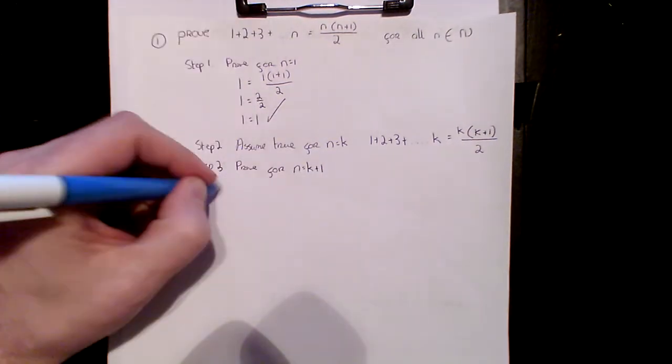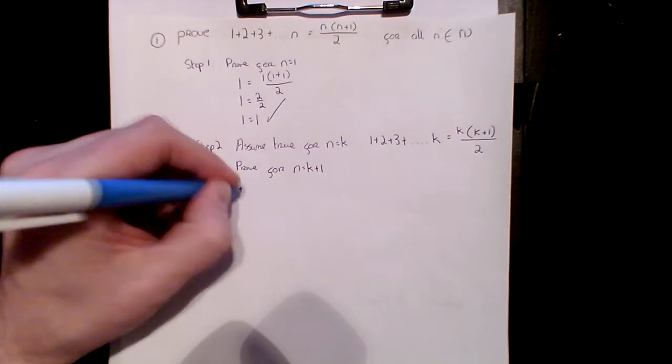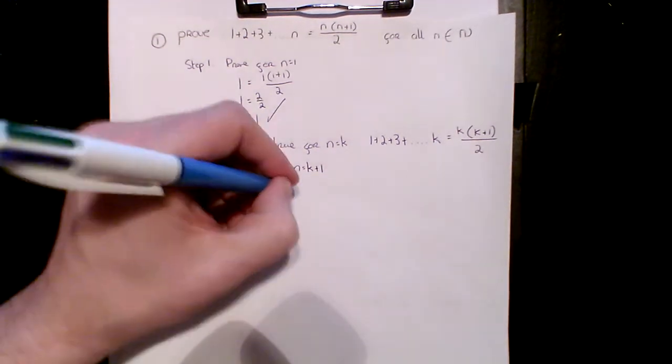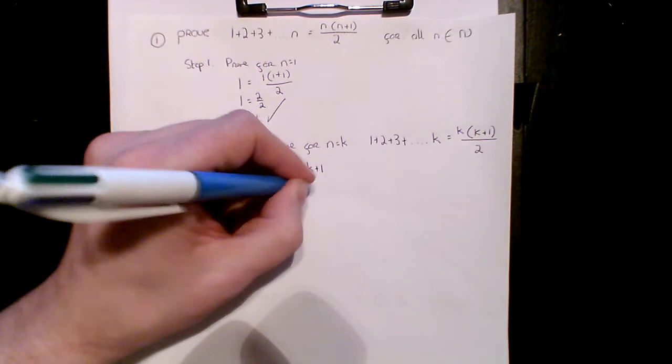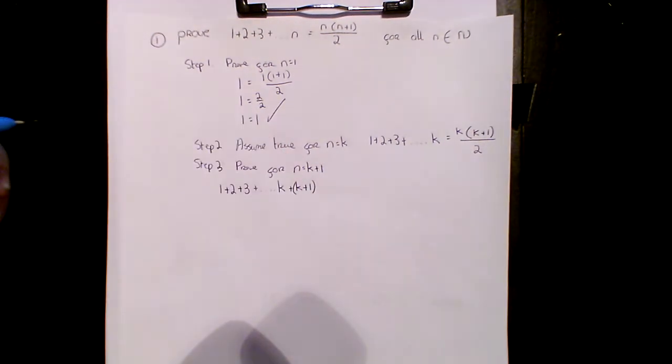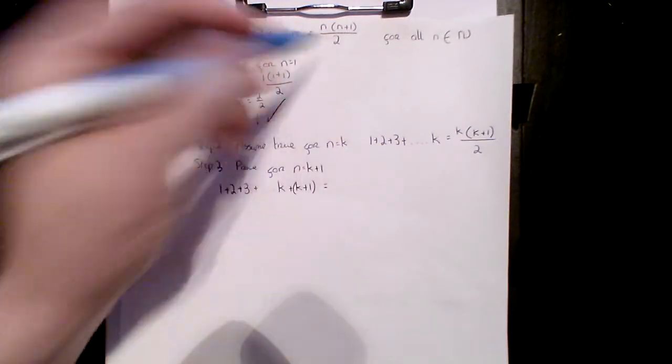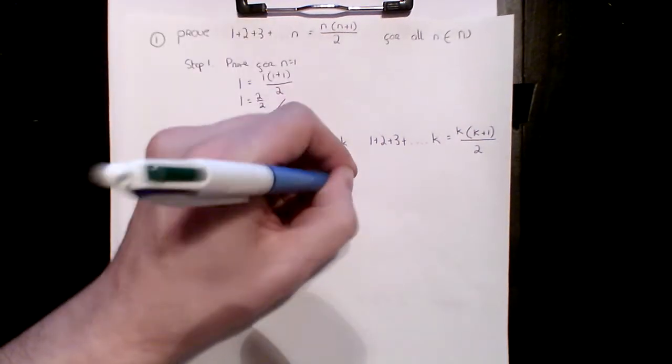So we take the left hand side first, 1 plus 2 plus 3 all the way up to k, which is the second last number, plus the next number, and I'm going to show that that is the same as, anywhere you see n, I will put in k plus 1.